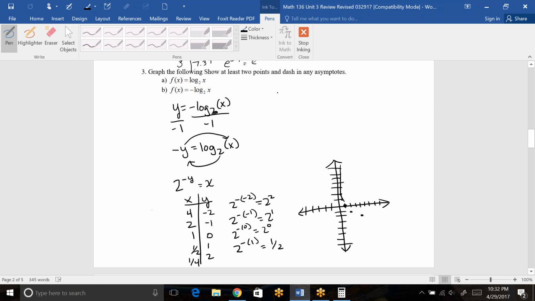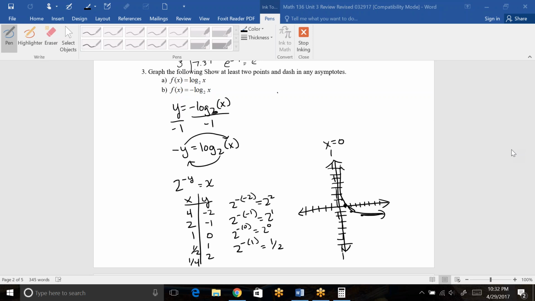So notice your log is flipped upside down, which is kind of what you expect anytime you see a negative in front of a function, is that the graph just gets flipped upside down across the x-axis. But the vertical asymptote is still x equals 0 on this one.